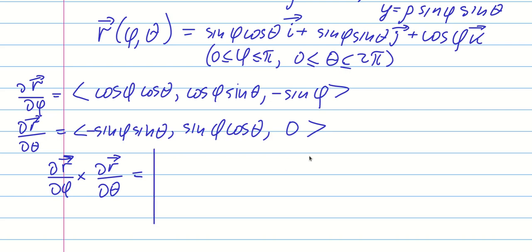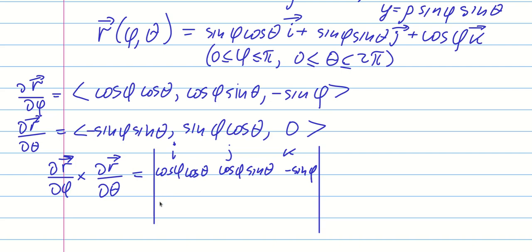So let's try to do that. We have i, j, and k. For the first row we put cosine of phi cosine of theta, cosine of phi sine of theta, negative sine of phi.